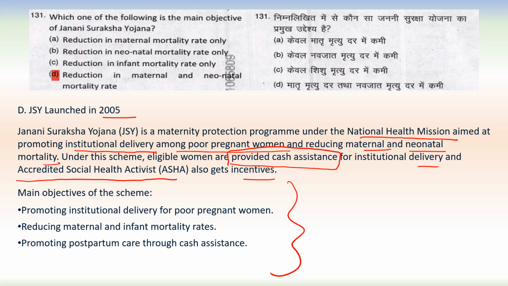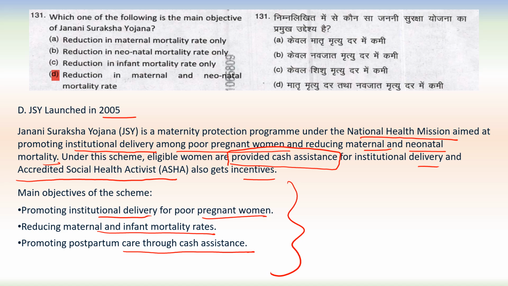So in broad terms, the main objectives of this scheme are promoting institutional delivery for poor pregnant women, reducing maternal and infant mortality rates, and promoting postpartum care through cash assistance. So if we see the options given, which of the following is the main objective?